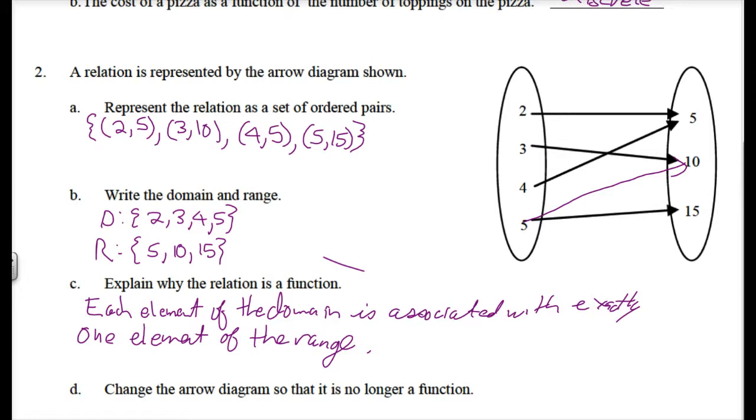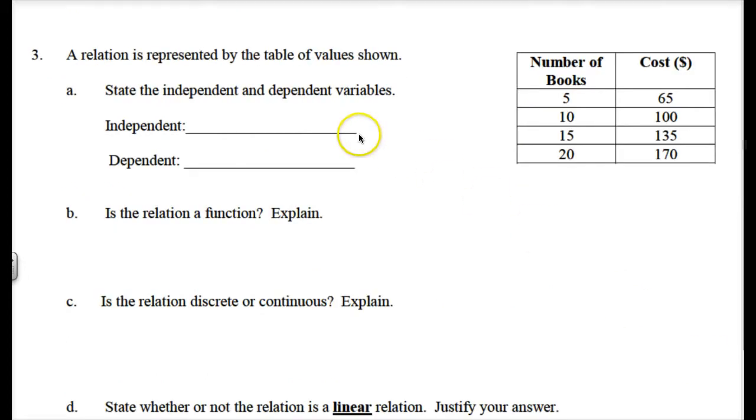Moving on. A relation is represented by the table of values shown. State the independent and the dependent variables. So the independent is number of books, and the cost depends on the number of books. Is this relation a function?